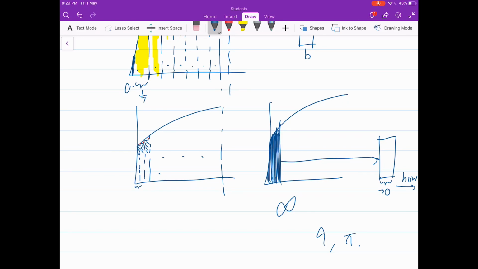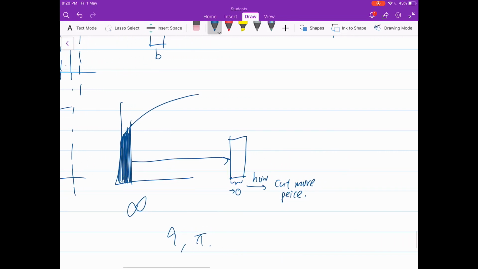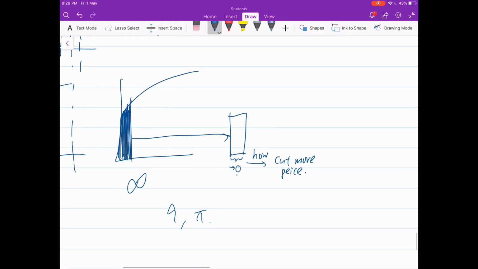Then each width would be 1 over 20. You see that the width is getting smaller. Very good. So how many rectangles must I cut to make the width very, very close to 0? You need to cut n tends to infinity pieces.